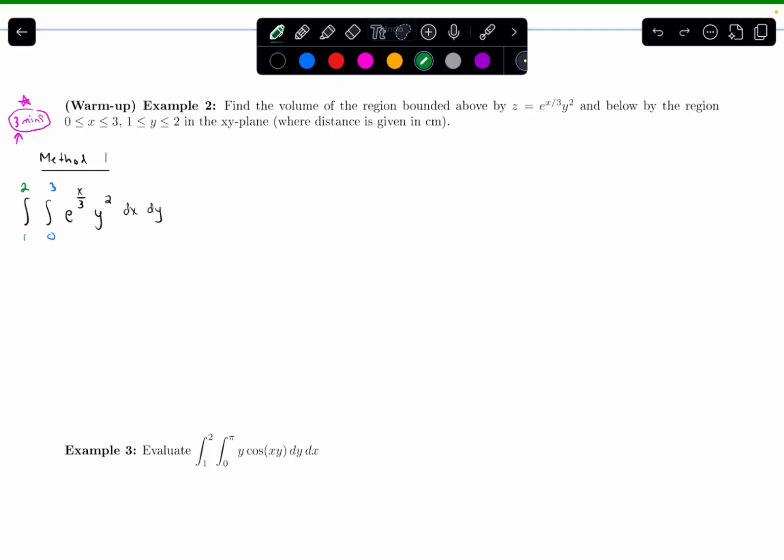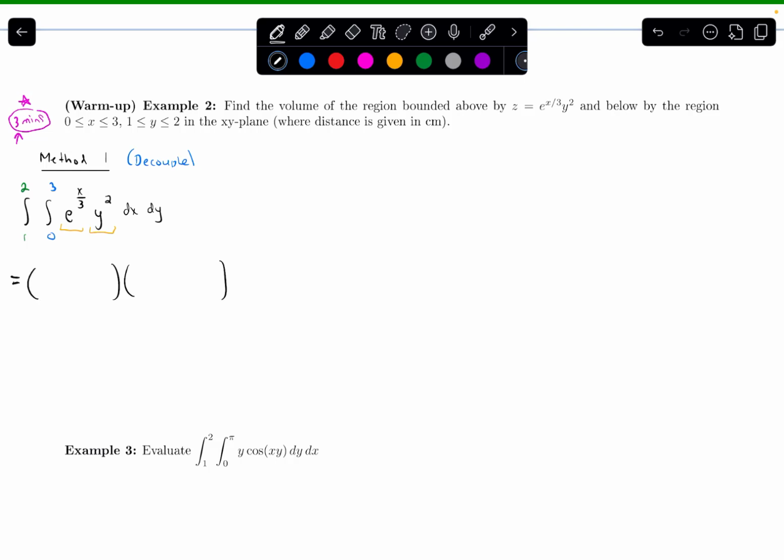Okay, so the first thing I'm going to notice is my function can be split into a product of a function of x and a function of y. And when I see that, and my region is a rectangle like it is here, we can do what's called decoupling this double integral. So when I decouple it, I get to split it up and multiply 2 integrals together.